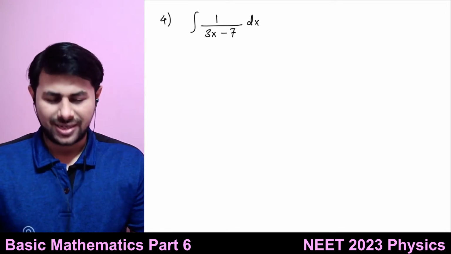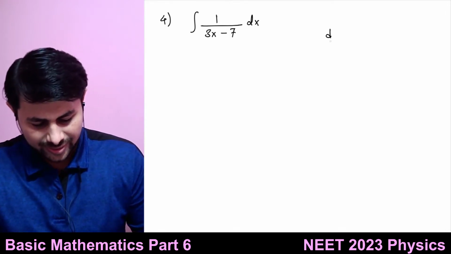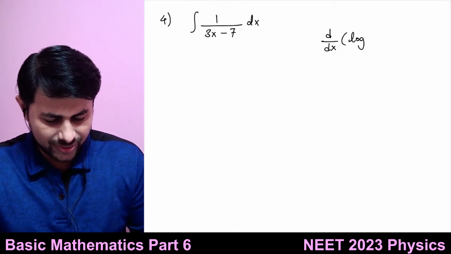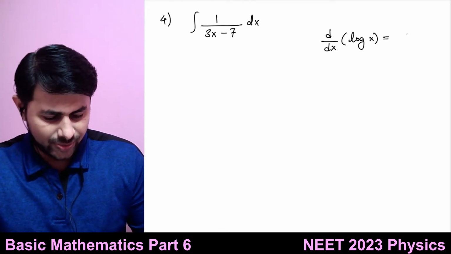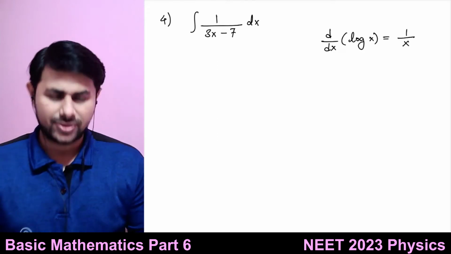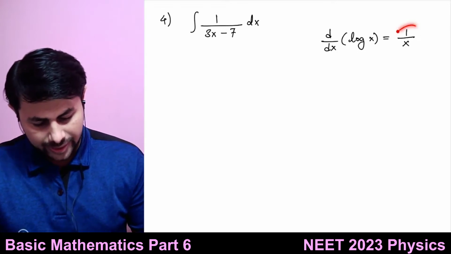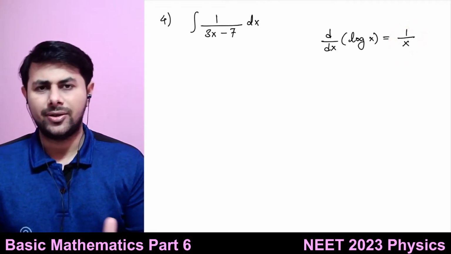Log x. Right. So see, I gave you the formula sheet. All of those formulae have to be memorized. So the derivative of log x is 1 upon x. Therefore, the integral of 1 upon x will be log of x.